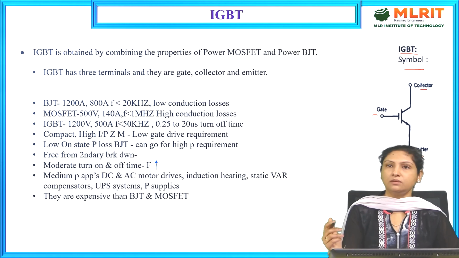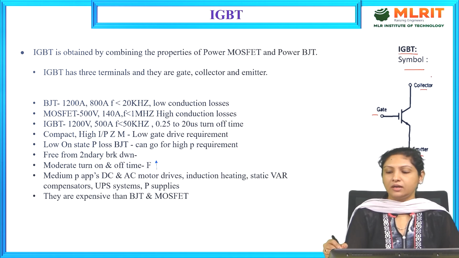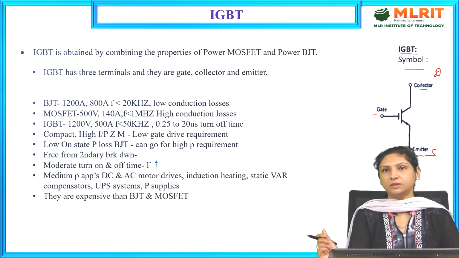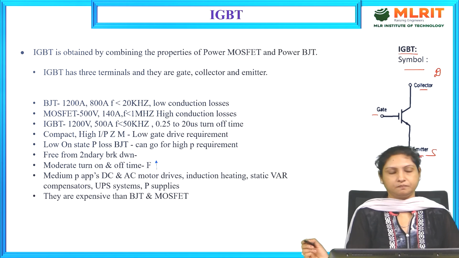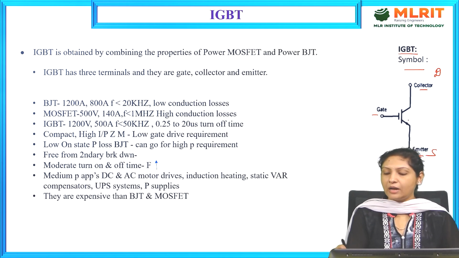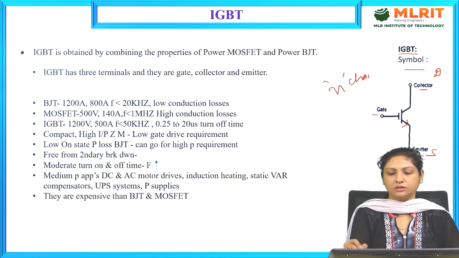And if you see MOSFET, it has drain as well as source, whereas in IGBT it is replaced with collector as well as emitter. And here the arrow direction is always facing towards the emitter if it is an N channel IGBT.